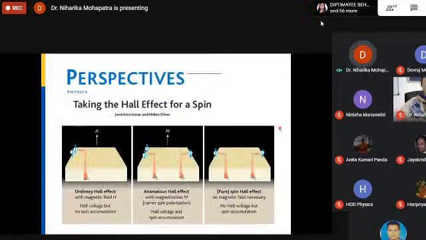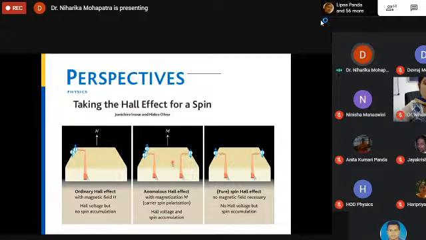Now the question came: because I showed you the ordinary Hall effect, where the carriers or electrons are deflected into one direction, therefore there will be a charge current or a voltage developed due to the separation of the charges. So you observe a voltage drop here.